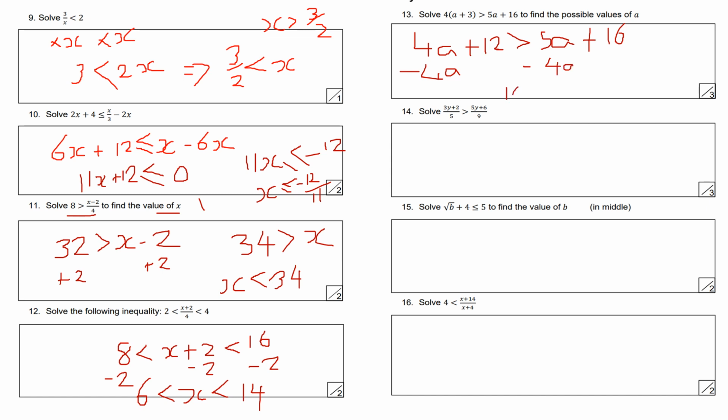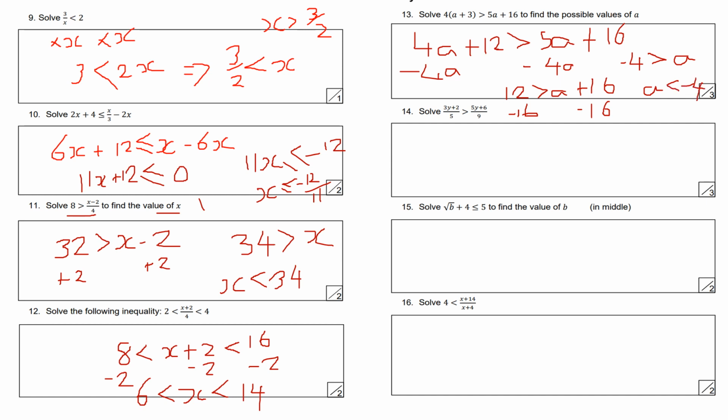So you actually get 12 is greater than a plus 16. Subtract 16 on both sides. So we get minus 4 is greater than a. Okay, so therefore a is less than minus 4.